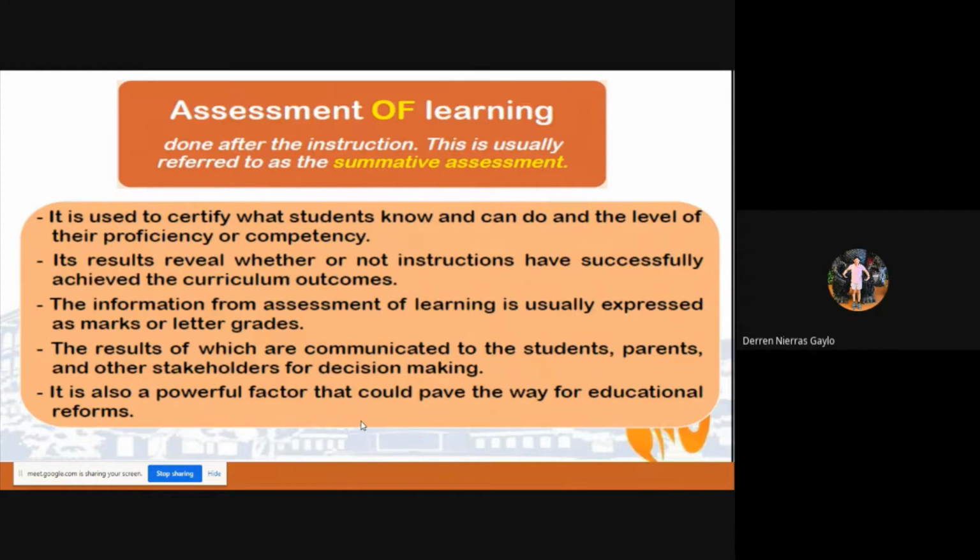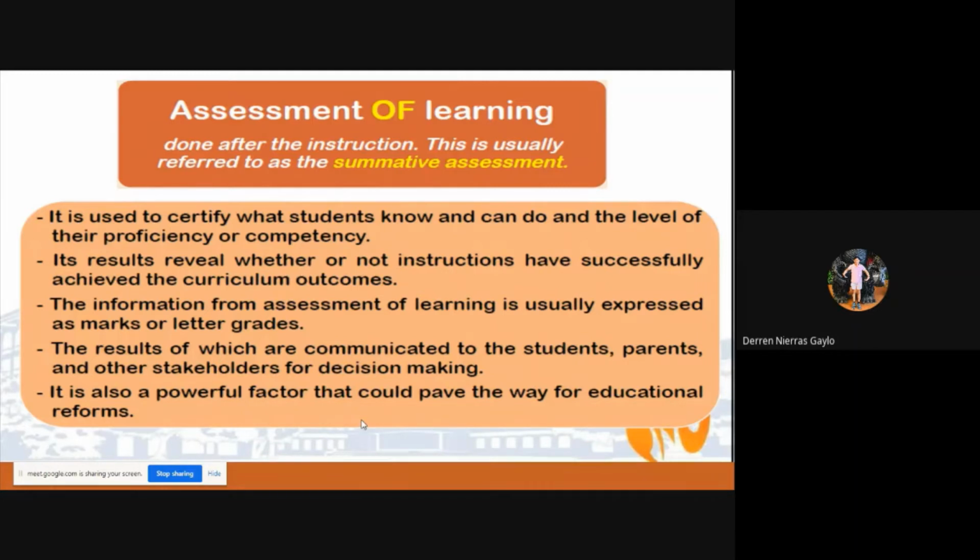Its results reveal whether or not instructions have successfully achieved the curriculum outcomes. The information from assessment of learning is usually expressed as marks or letter grades, the results of which are communicated to the students, parents, and other stakeholders for decision making. It is also a powerful factor that could pave the way for educational reforms.